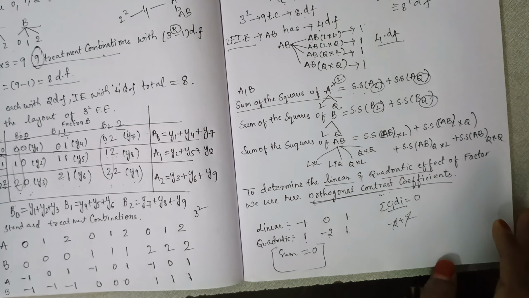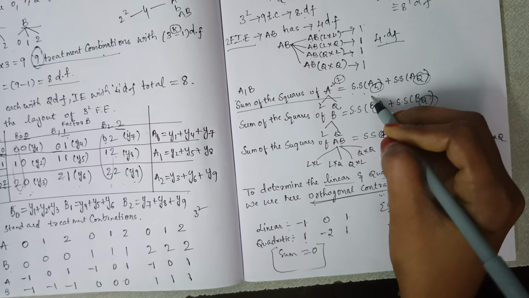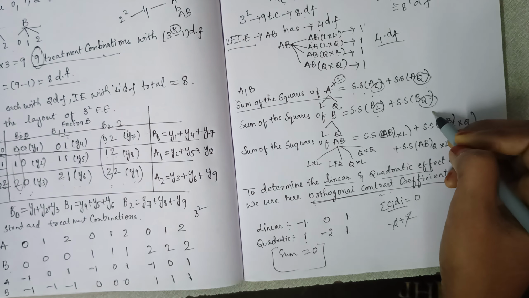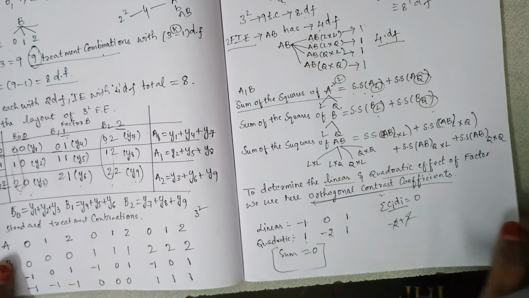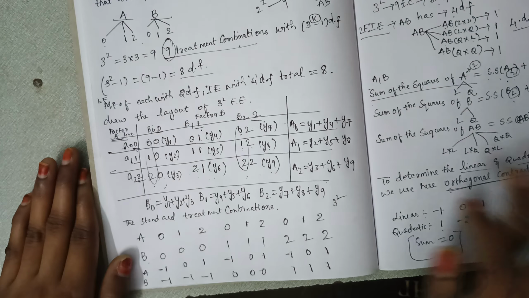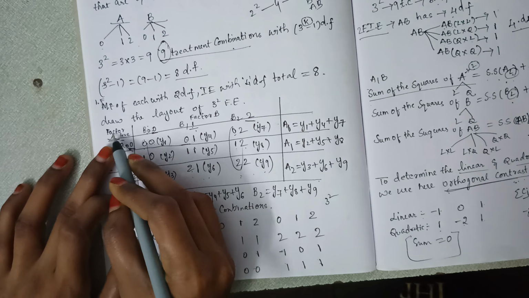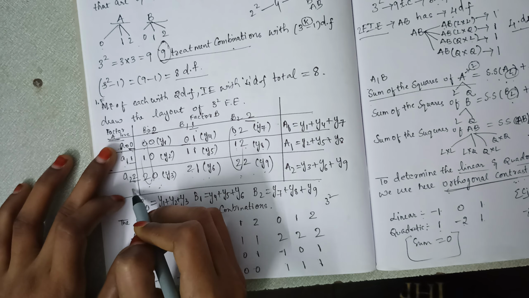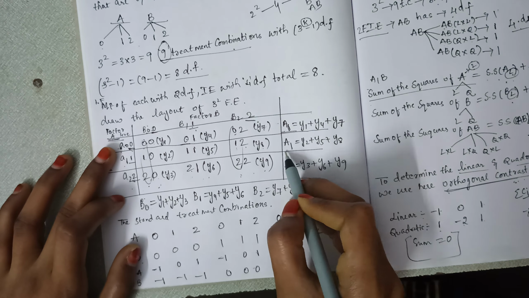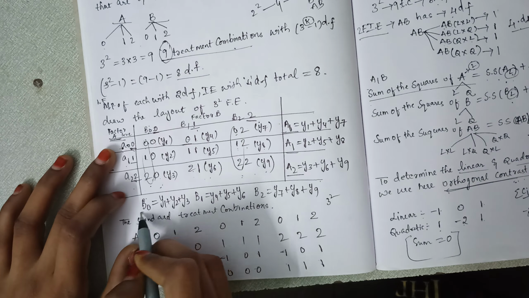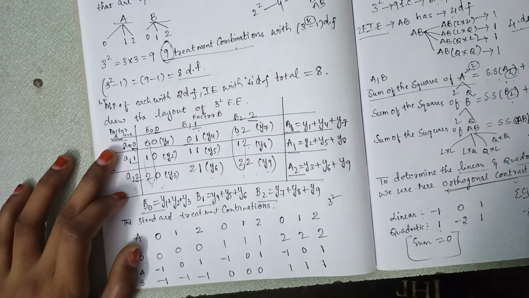And now we need to calculate AL and BL, AQ and BQ. See, the factor A has three levels, A0, A1 and A2, and B has B0, B1 and B2.